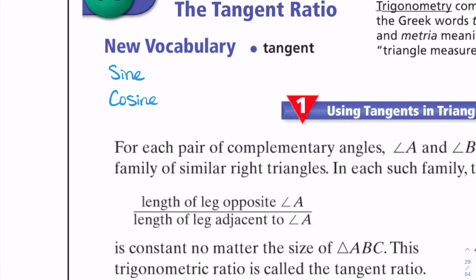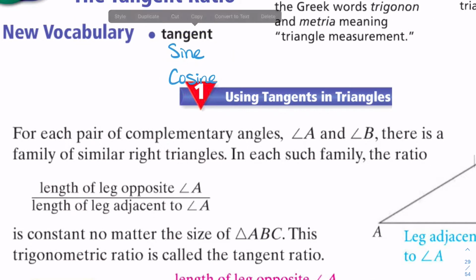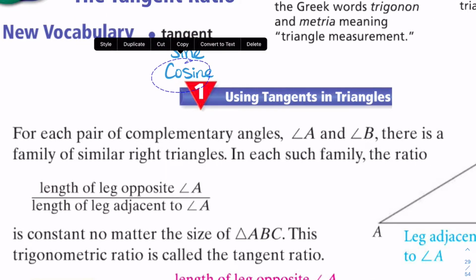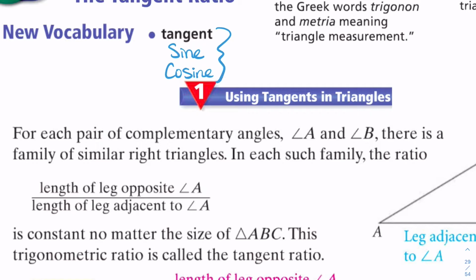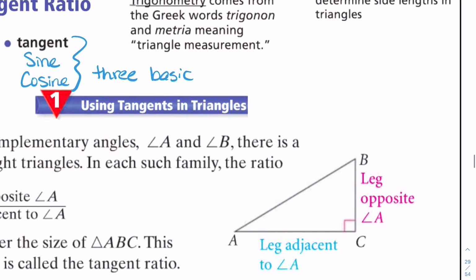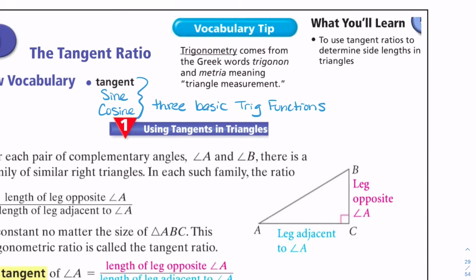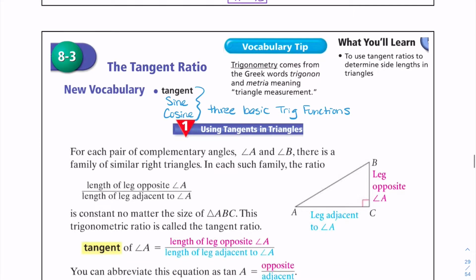These are the 3 basic ones. We call them the 3 basic trig functions. We'll be doing sine and cosine for the next lesson.